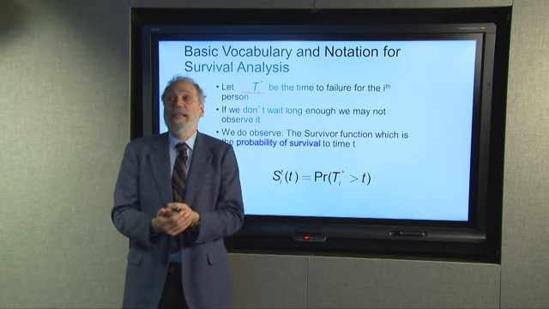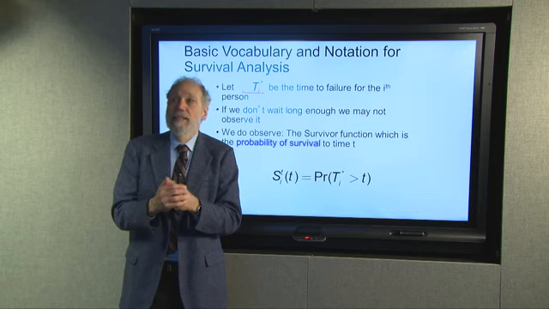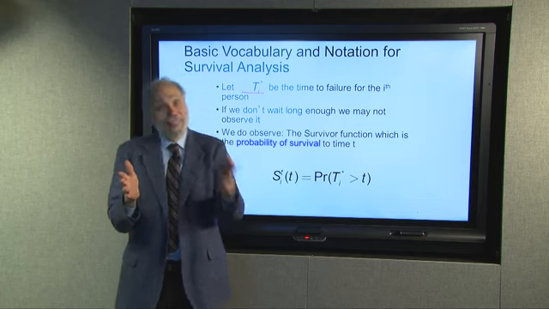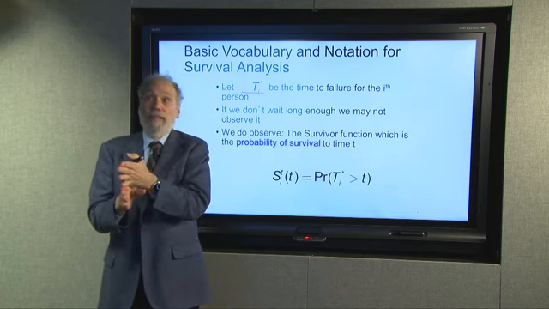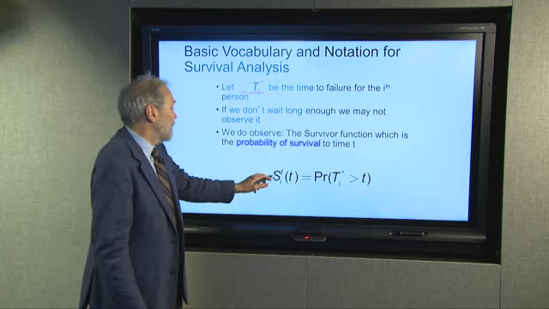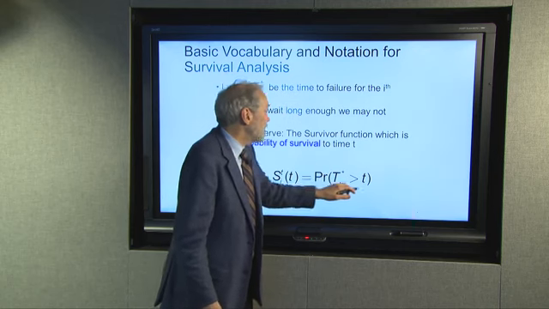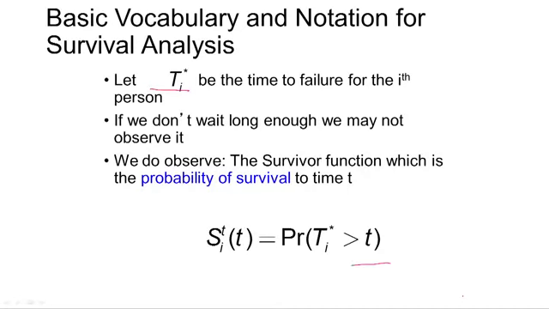There are different ways to define your failure time. And we'll talk about that later. But it's the probability of making it this far. And so that means that the survival function is the probability that your age of death is greater than t.